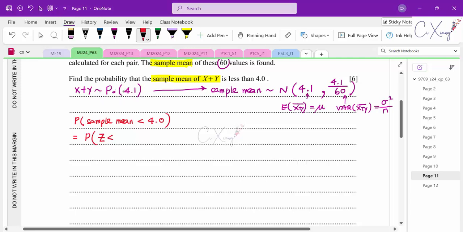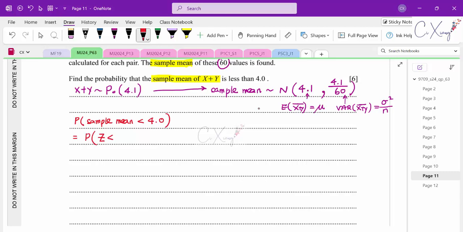Originally, this is Poisson, and you have changed it to a normal distribution, right? So from discrete to continuous, by right you have to do a continuity correction. In our syllabus, because they're aware that this is a sample mean, the value of the continuity correction is so small that you can omit it.